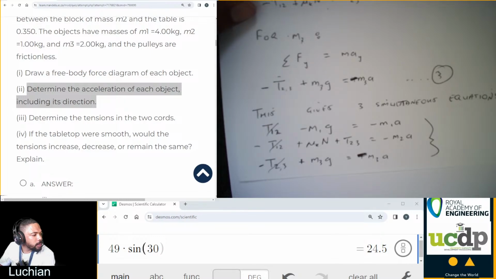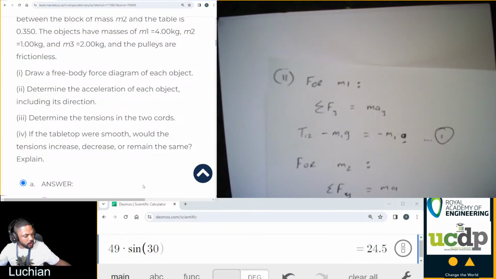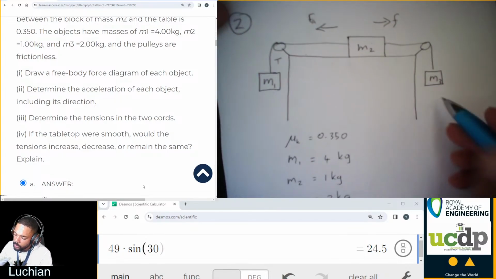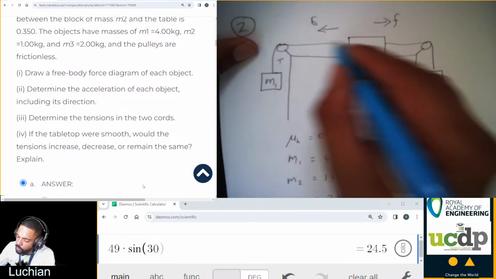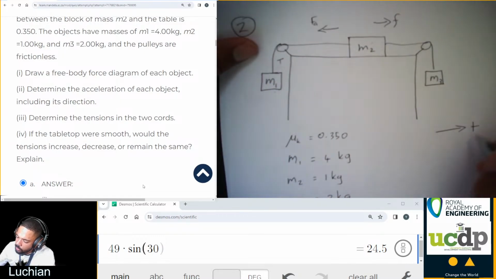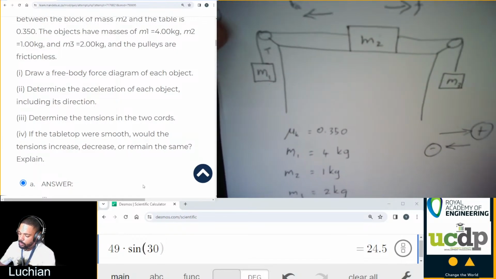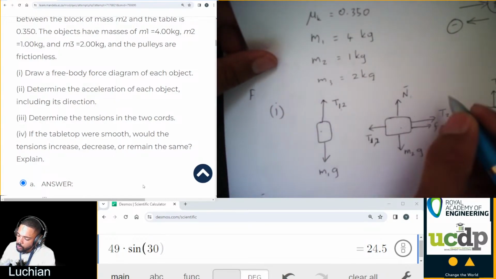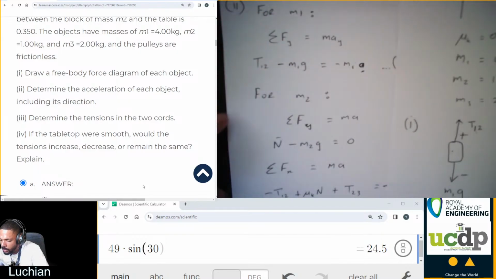Let me just recap. This is the situation. I have chosen this direction as positive and this direction as negative. So this force will be going that way, so it will be positive, and this one is negative, and that's what we indicated there.